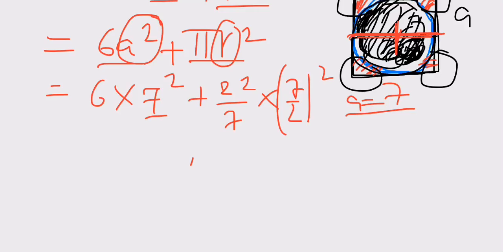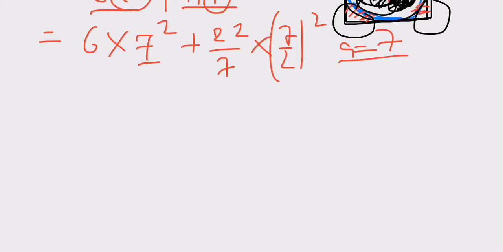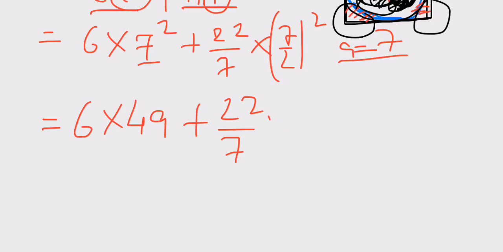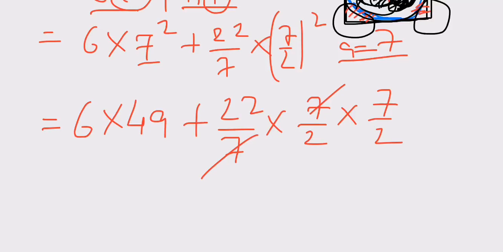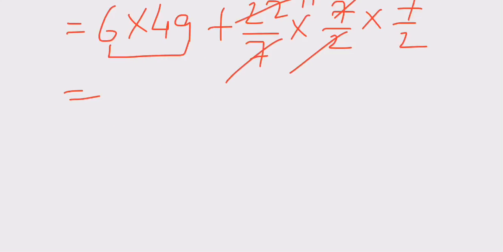So the calculation will keep on going like this. This is your 7, this is your 49, and this is 22 upon 7. So 7 upon 2 square means 2 times you have to write 7 upon 2. 7 gets cancelled out, and 2 and 22 become 11 when these two get multiplied. 6 9s are 54, 6 4s are 24, and 5 is 29.